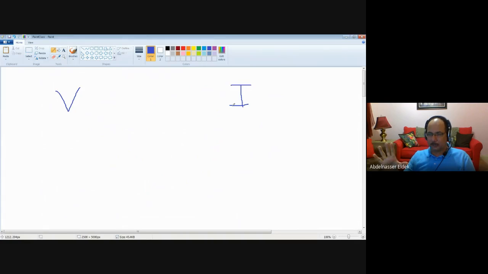So how do you calculate voltage or current? One way is to use Ohm's law, V = IR.